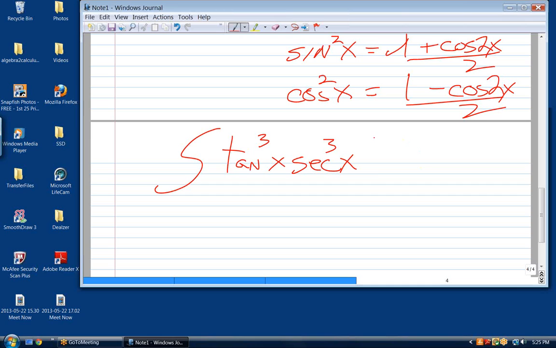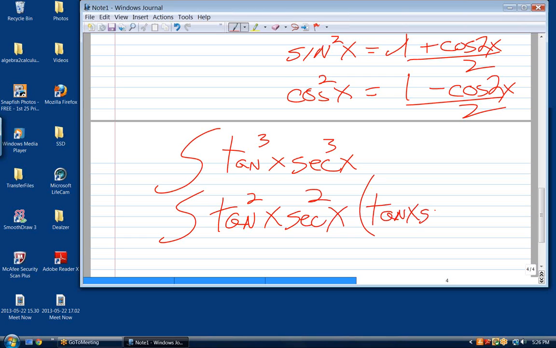So instead of having a cosine sitting out here on the side like we were with sine and cosine, I want whatever the derivative of that's going to be. So I'm going to turn this into tan squared x secant squared x times tan x secant x. This will act as my derivative of the inside when I finally get this into nothing but secant. Okay, well, how do I do that?